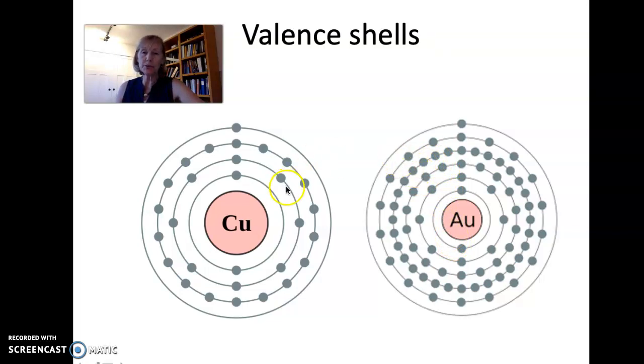But what matters to us is the outermost shell. That is the valence shell. For copper and for gold, both end up having one electron in that outer shell.